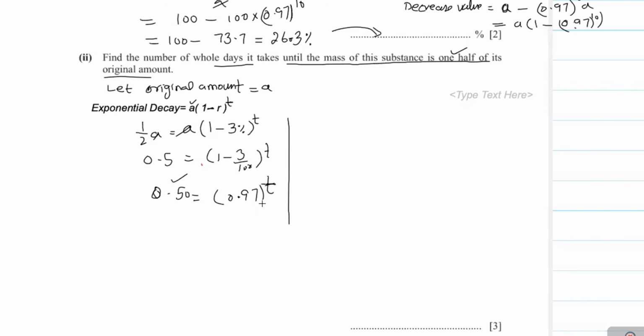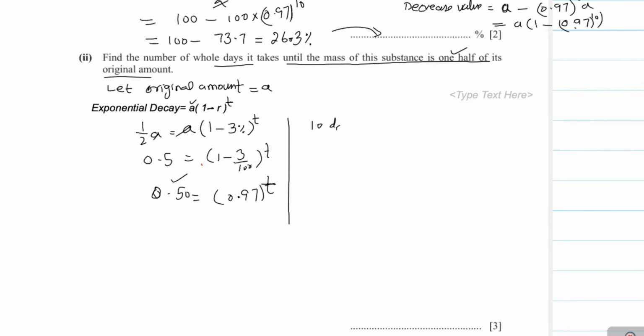Now you see here we have to find the time, the number of days in which the mass is half of its original amount. You see here the 26% mass decay in 10 days.